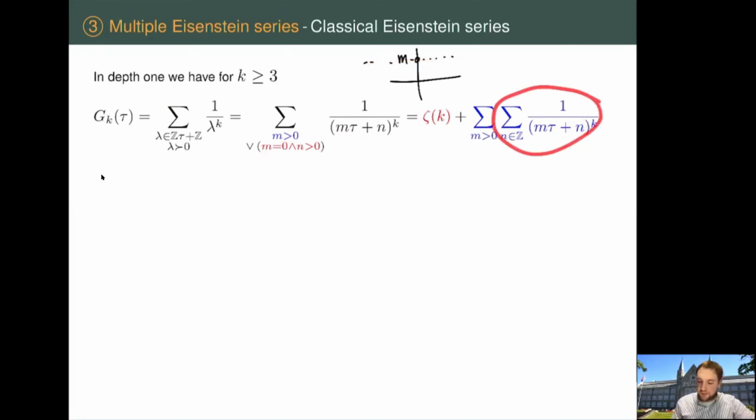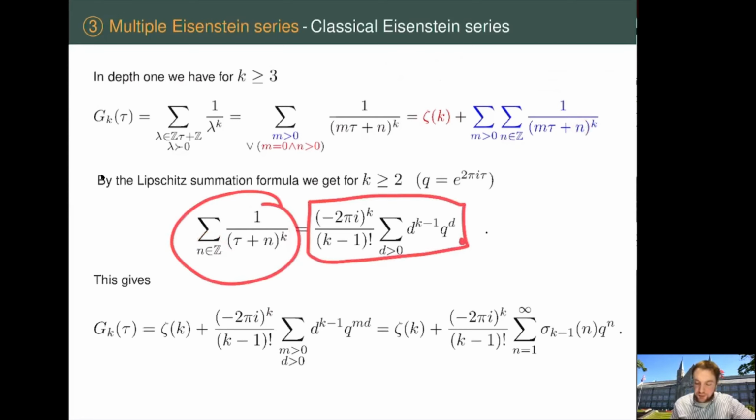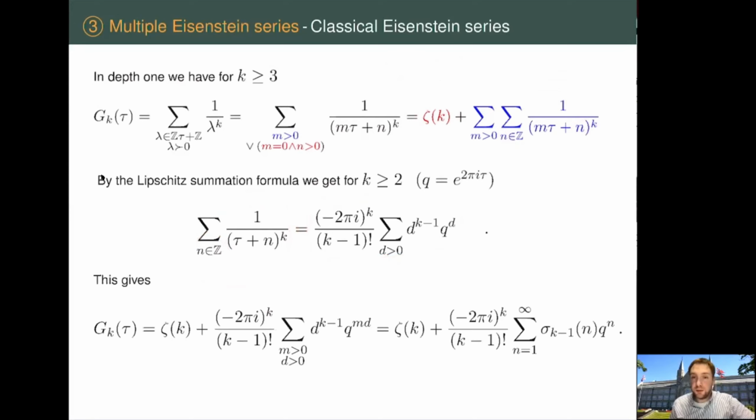To evaluate this part, we use the so-called Lipschitz summation formula, which states that a sum like this, where I sum over all integers n, has a Fourier expansion like this. Here q is always e^{2πiτ}.